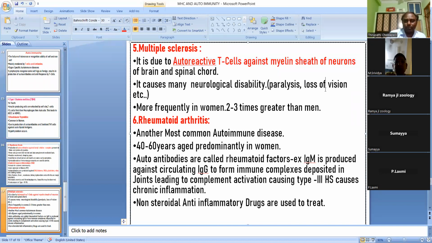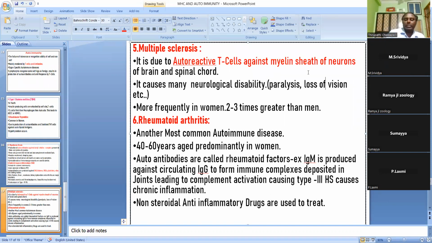So multiple sclerosis, what happens is autoreactive T cells are produced against our own neurons, particularly the myelin sheath, which also contains some antigens.